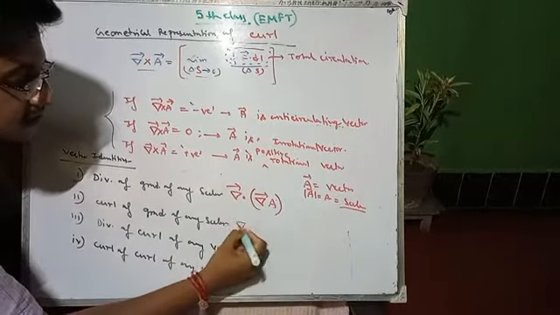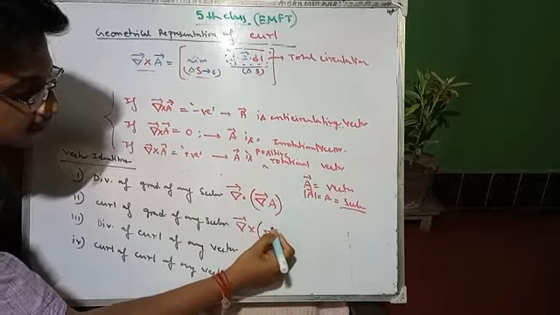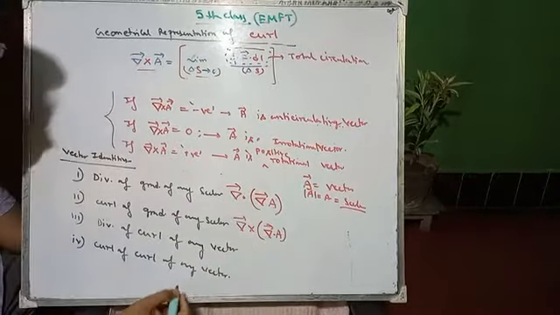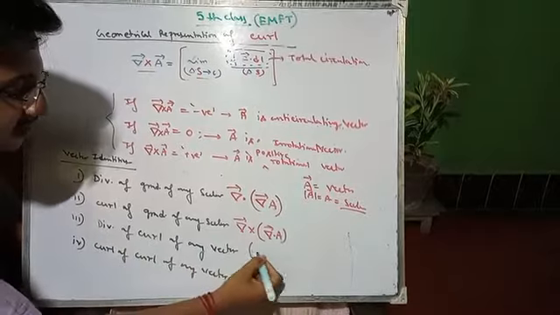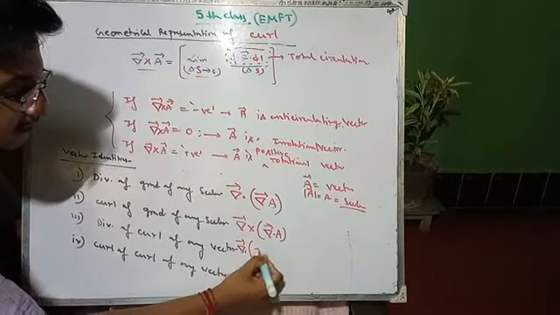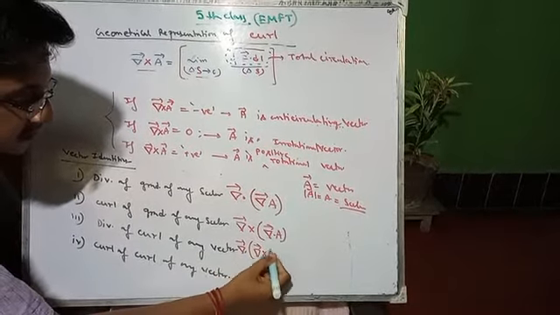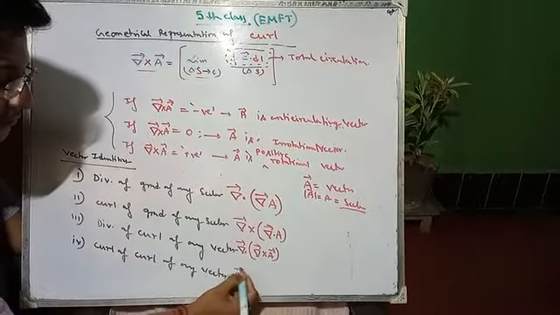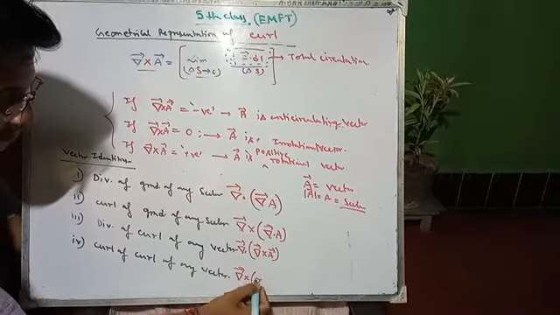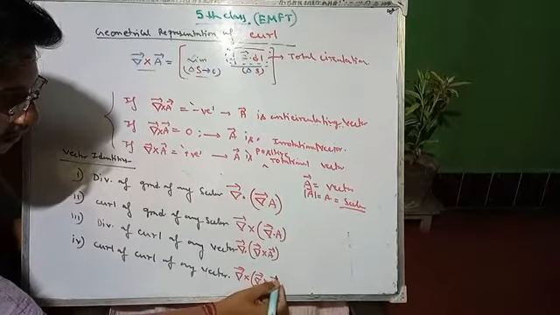What is the curl of gradient? Curl of gradient of the same scalar a. And divergence of curl means divergence of curl of any vector, suppose a vector. And the last one, curl of curl of any vector.